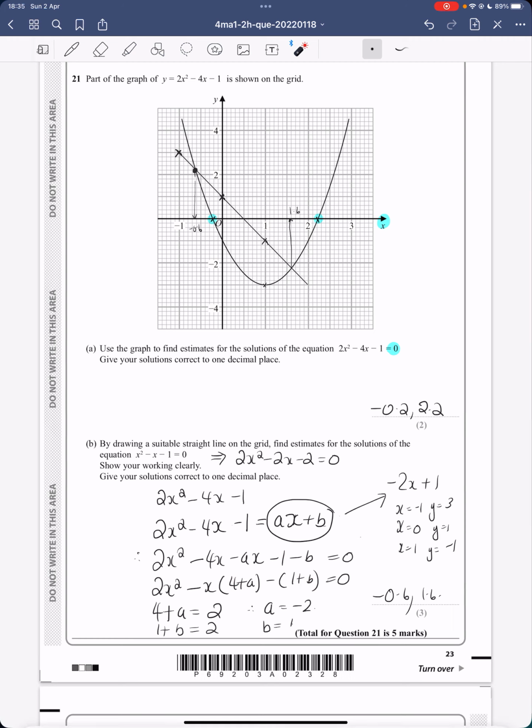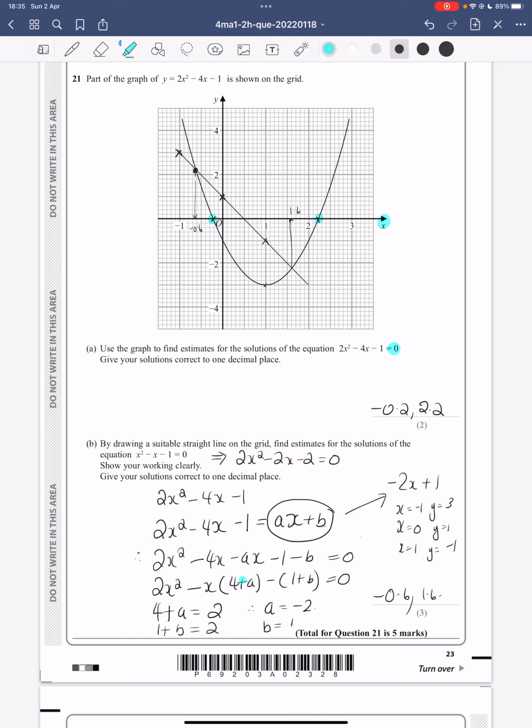So if we compare this with what we want up here, 4 plus a is equal to 2. Okay, because that's where the x's are. Here we've got the minus x, so the 2 has to be the 4 plus a.